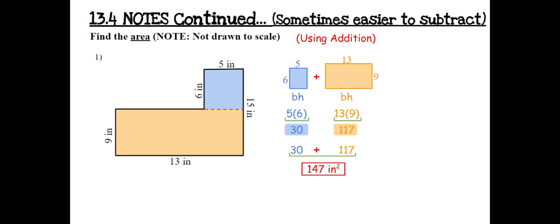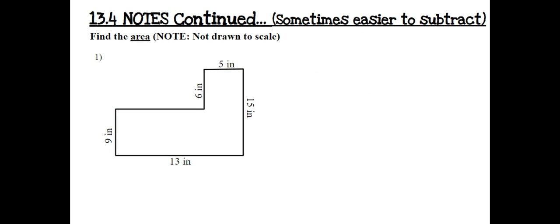Now, hopefully you're following along on page 16 in your packet. In your packet, since in the foldable we already did it the adding way, let's now try it subtracting. What I mean by that is, for this particular shape, we could do adding or subtracting. It doesn't matter. It'll still give us the same answer.